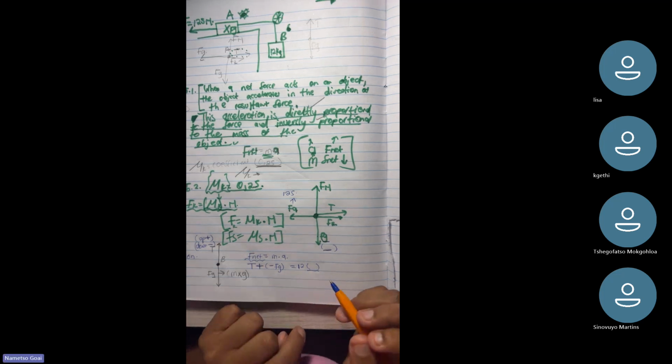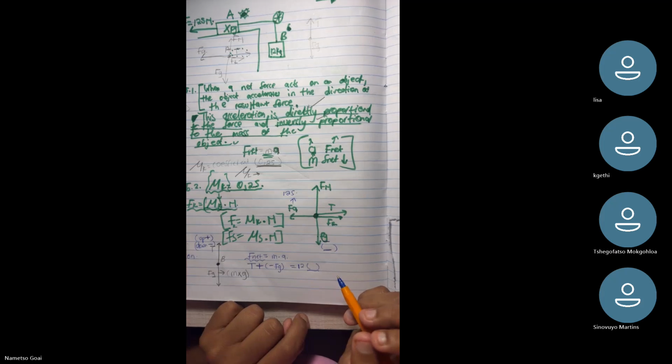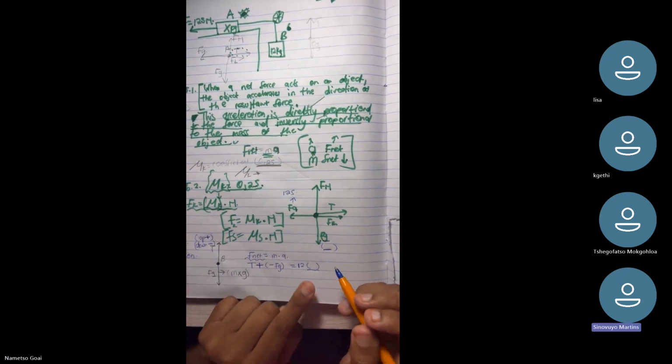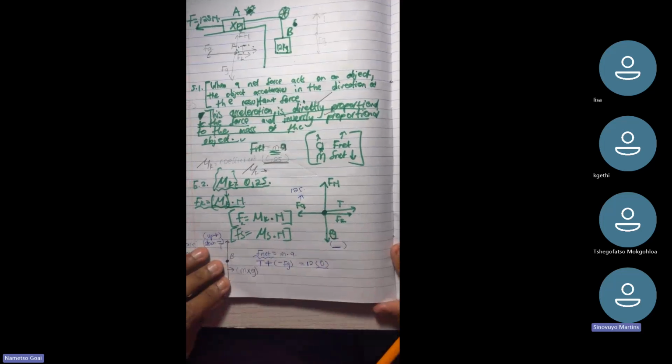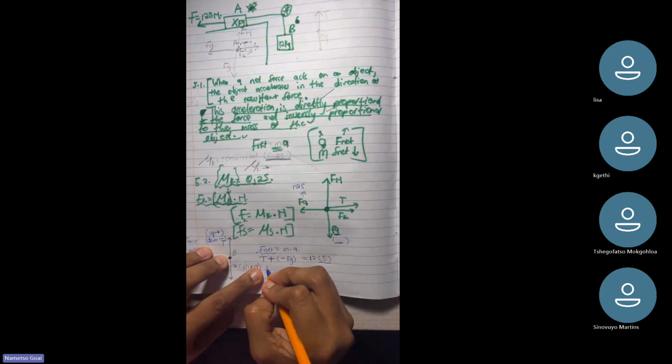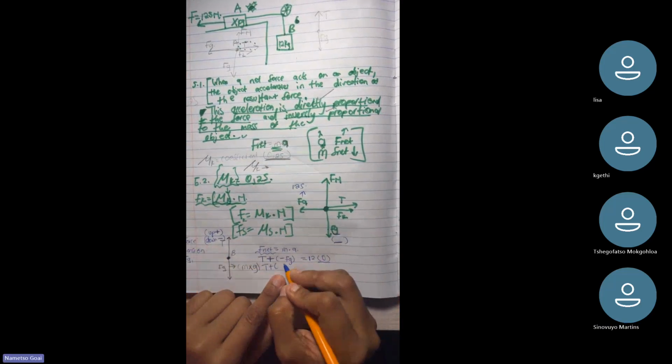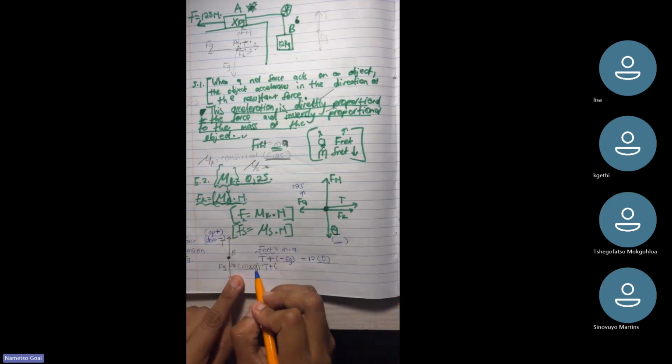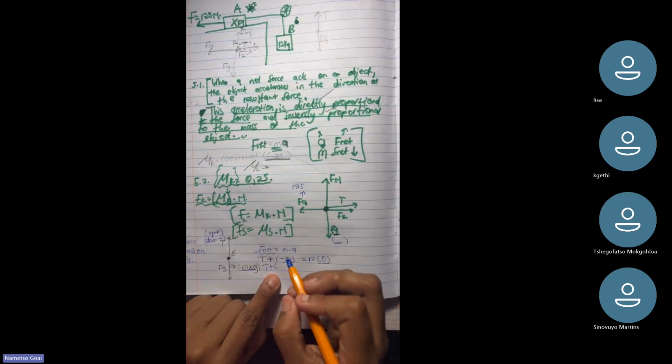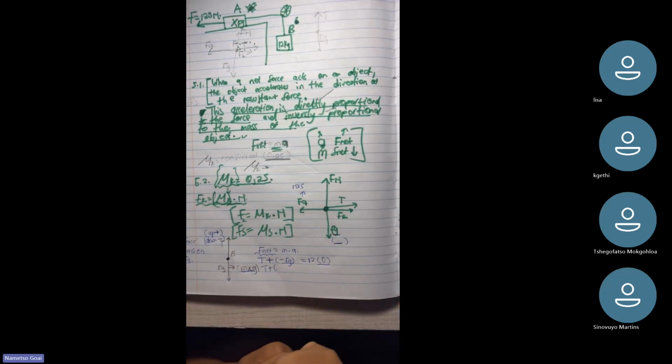What is the acceleration, guys? It's 0, correct. So now we're going to have our tension plus Fg. We said Fg is m times g, right? What is the mass of B?